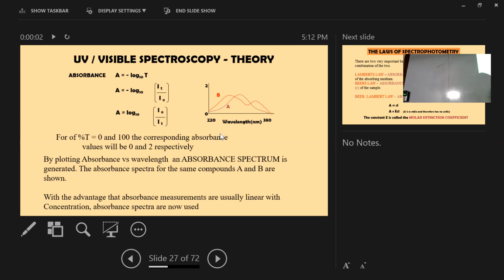Even sometimes you may have a sample that is not in this range, or is very far below this range, maybe 0.001 like this. That's also very difficult, because if all the light transmits, that means absorbance is very little.